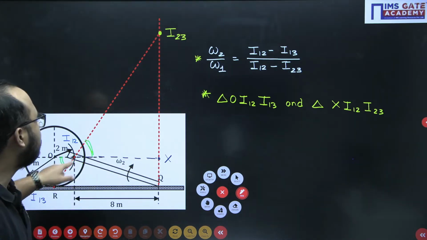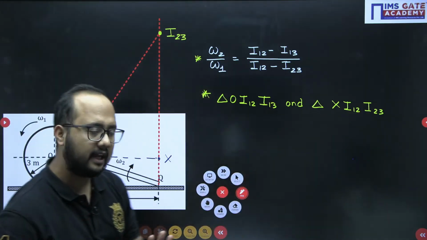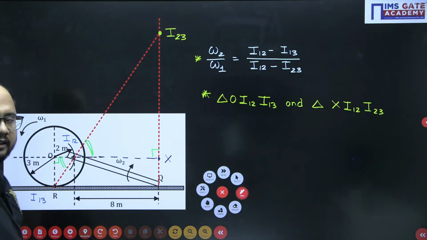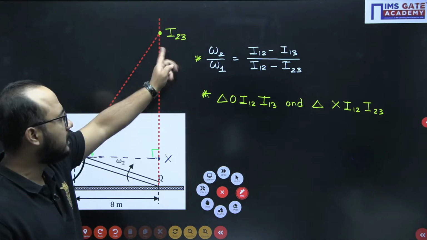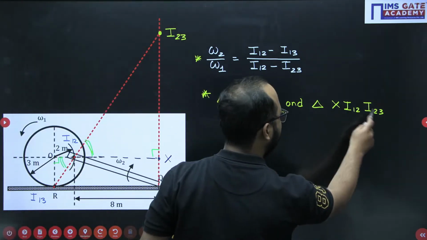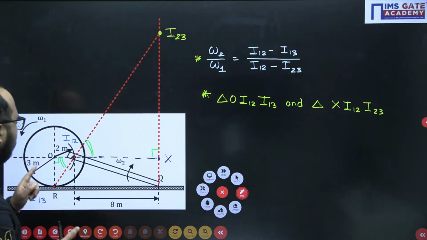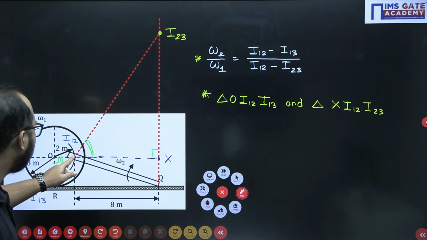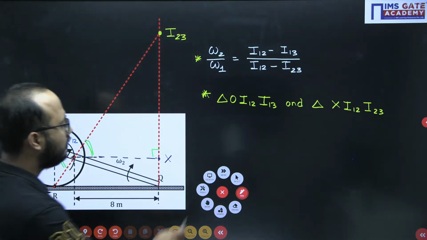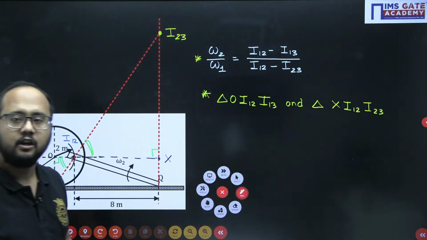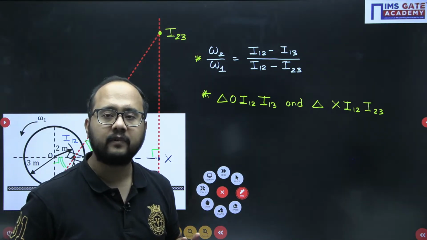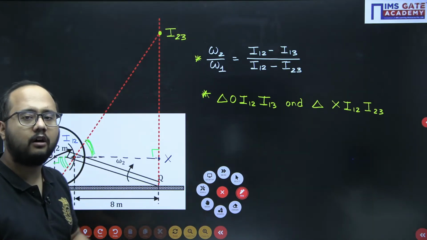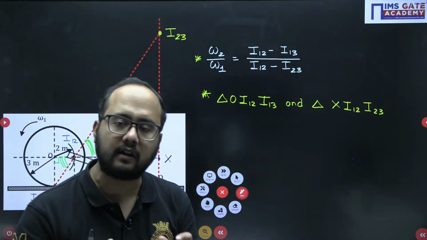Another angle, this is 90 degrees and this is 90 degrees. So angle I12 X I23 is 90 degrees, and here also, very important point, angle I12 O I13 is again 90 degrees. So two angles are equal here, the 90 degree angles and this angle. So automatically I can say both the triangles are similar in nature.